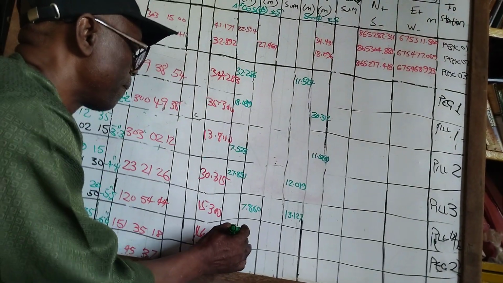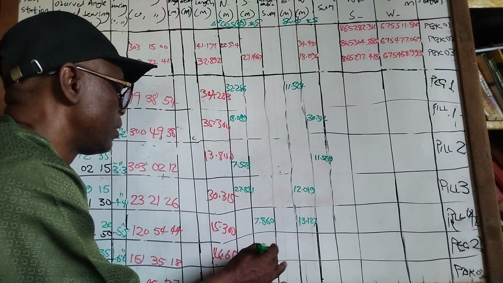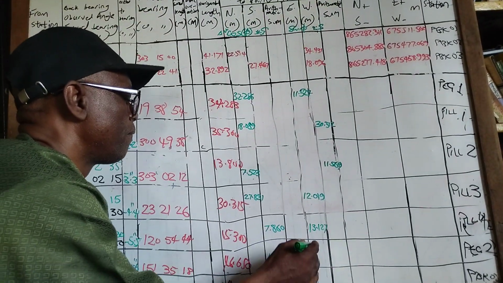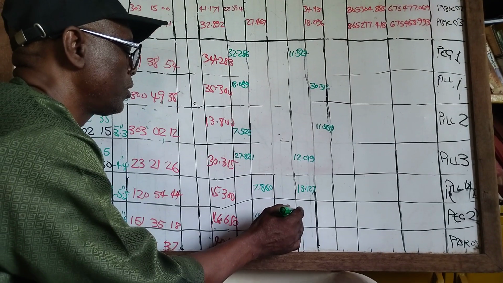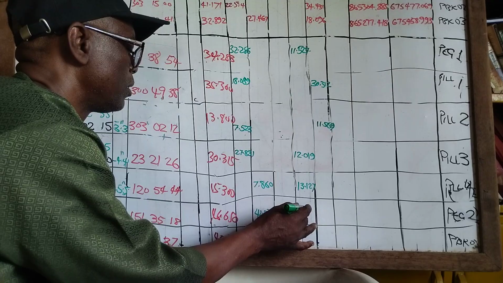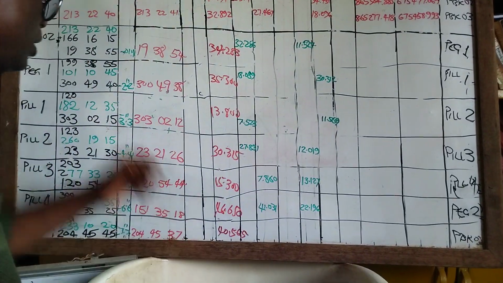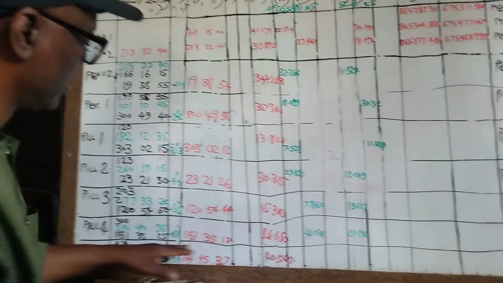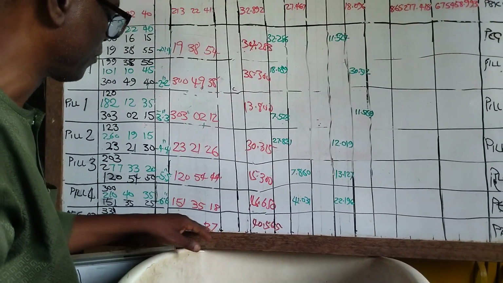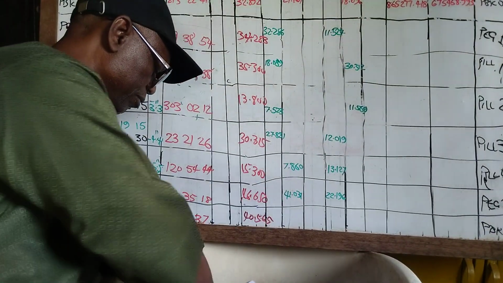Minus 41.031. 22.196, plus. Okay, the last one, the last leg. 204 45 37 to 40.565.